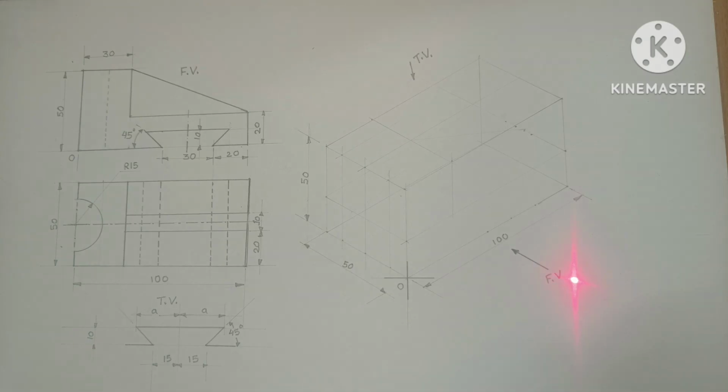Hence I have drawn the front isometric plane. This one is the front isometric plane. This one is the side plane, and this one is the top plane. But if in the examination an arrow is shown, that indicates the front view, and this indicates the top view.